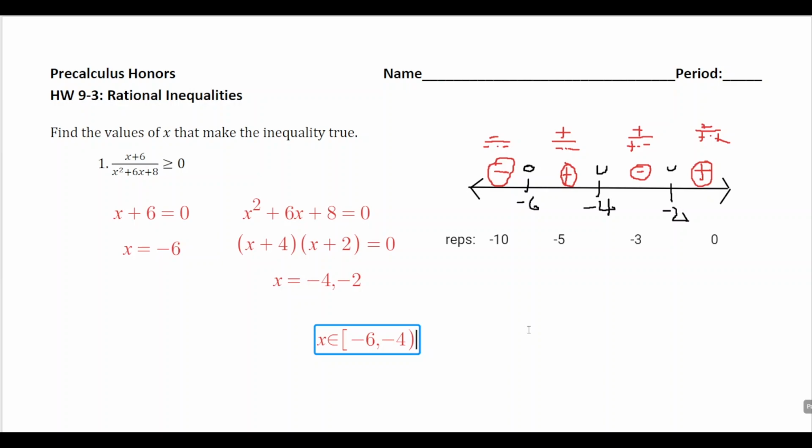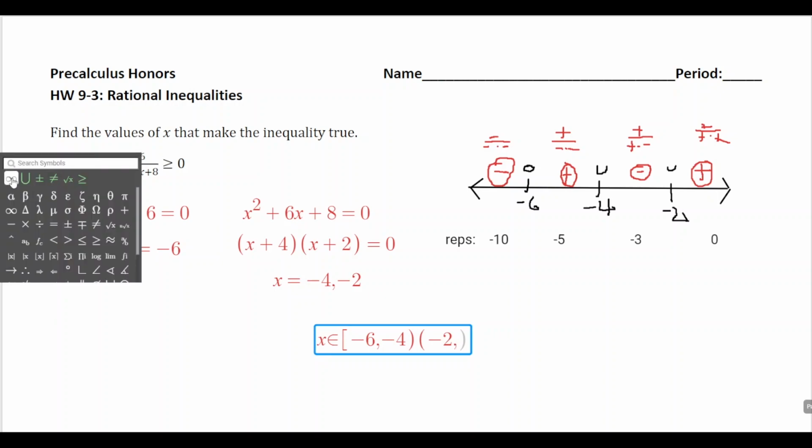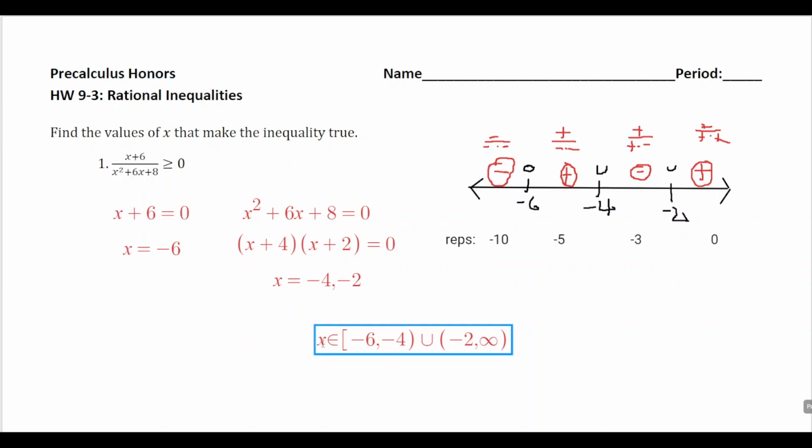Now I do have two sets here. The next set would go from -2 to infinity. And then the symbol you'll use to join these two sets together is called a union symbol. It basically just looks like a U in between the two sets. So what you're saying here is that x can be any number between -6 and -4 and between -2 and infinity.